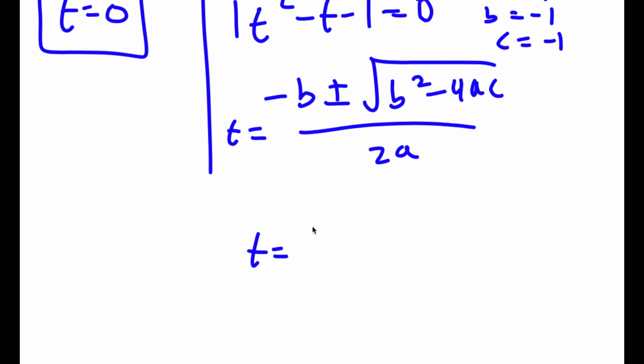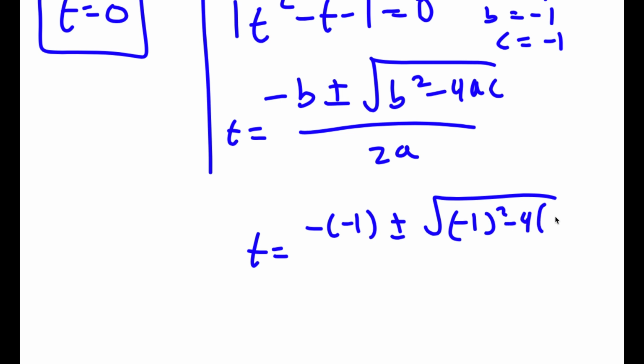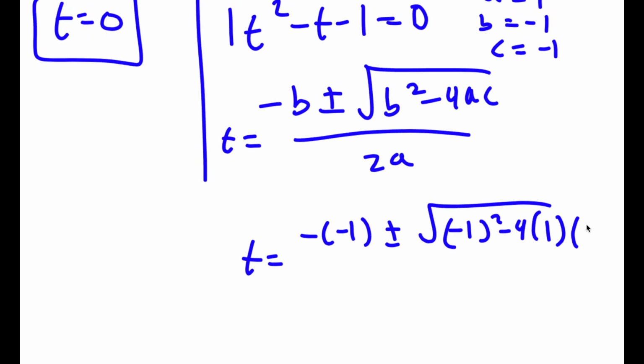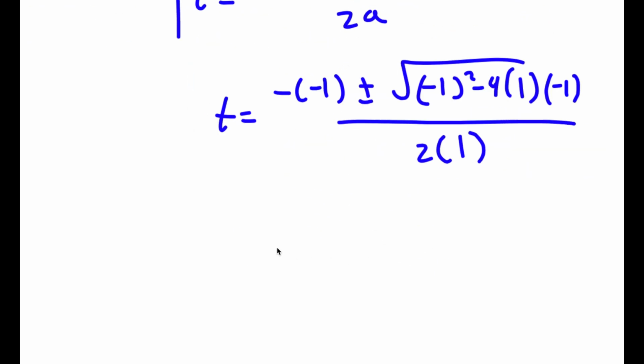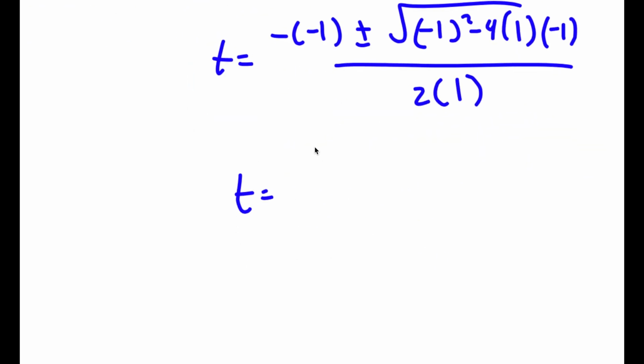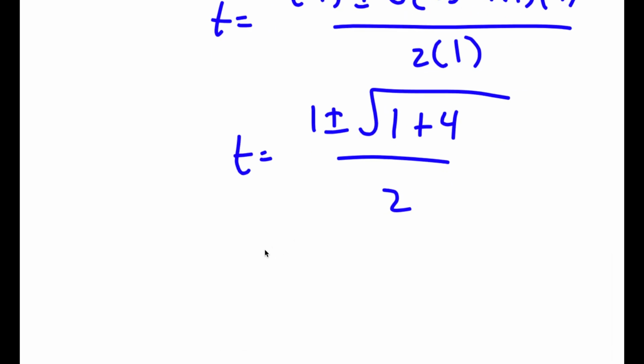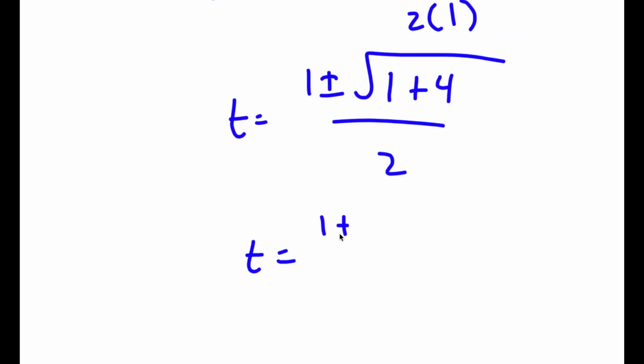So I have t is equal to -(-1) plus or minus the square root of (-1) squared minus 4 times a, which is 1, times c, which is -1. And I have all of this over 2a, so 2 times 1. So now this simplifies to 1 plus or minus the square root of 1 plus 4 over 2, which simplifies to 1 plus or minus the square root of 5 over 2.